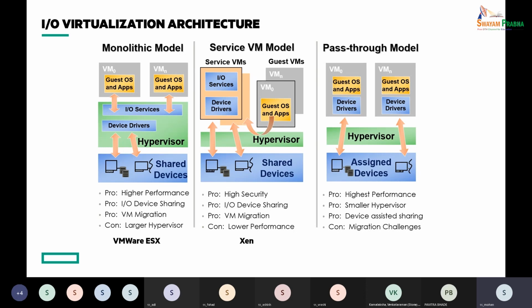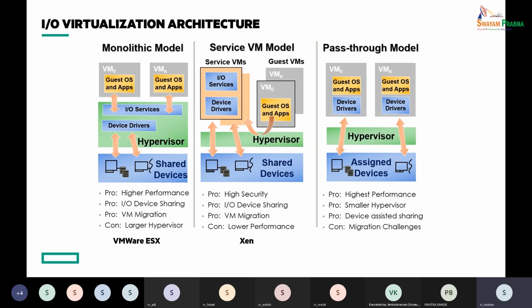The third method, which is not mentioned here, is what is used by VMware GSX and maybe even HPVM and KVM and others, where there is a host operating system which comes up on the actual hardware.